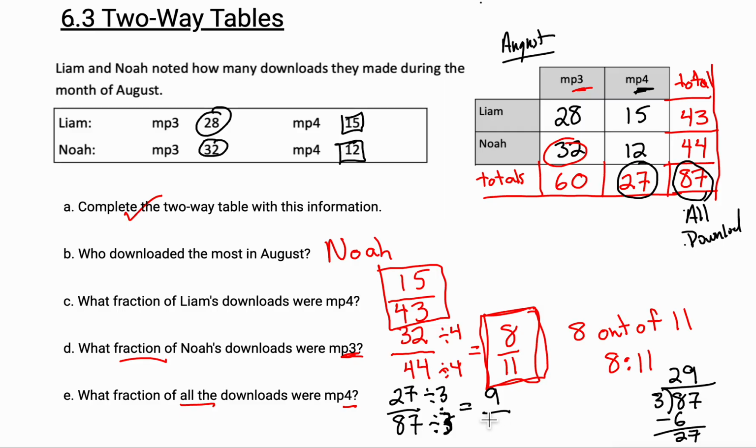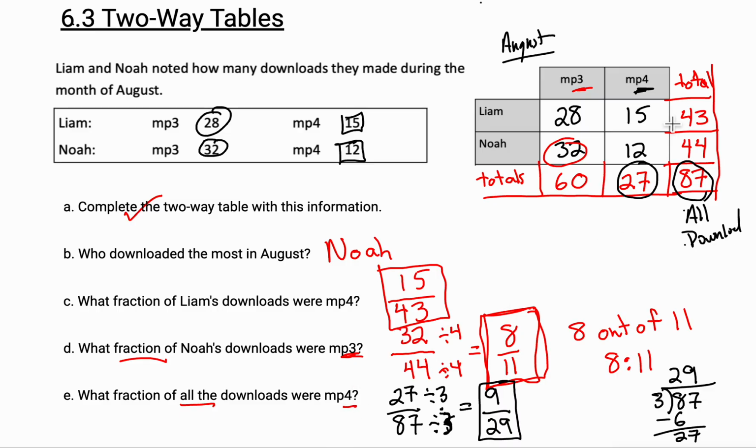That's a cool little strategy to use. And now 9 only has 3s, and I know 29 isn't, because 27 is, and the next one would be 30. So 9 out of 29 would be the fraction of downloads that were MP4s.